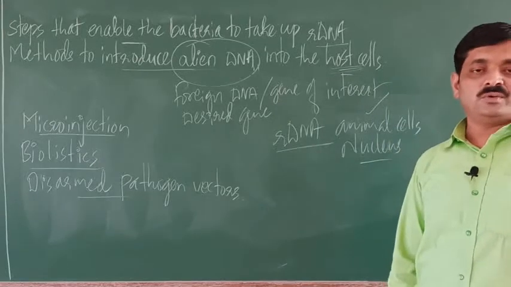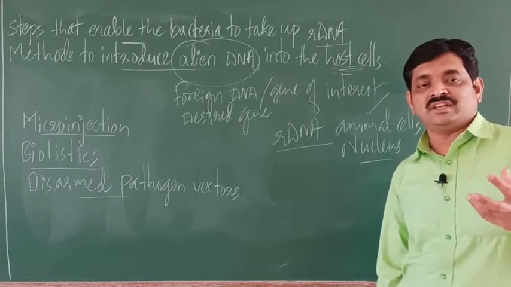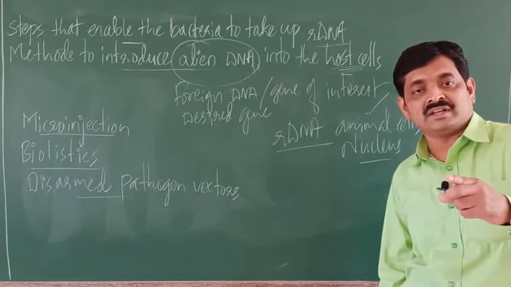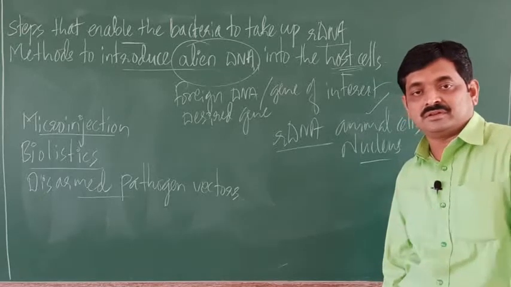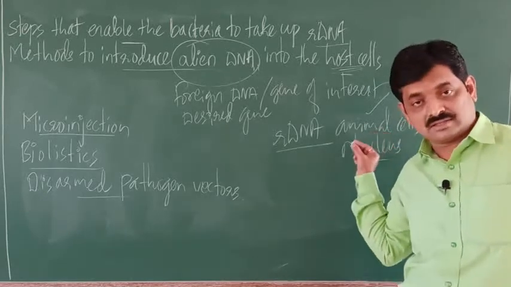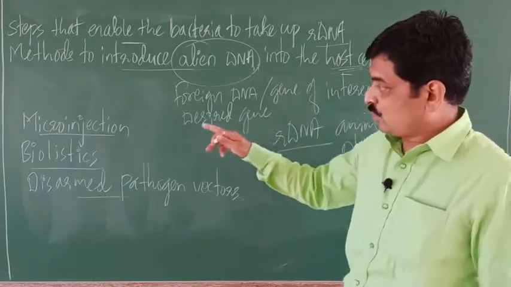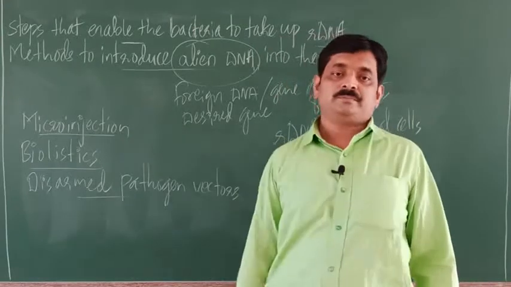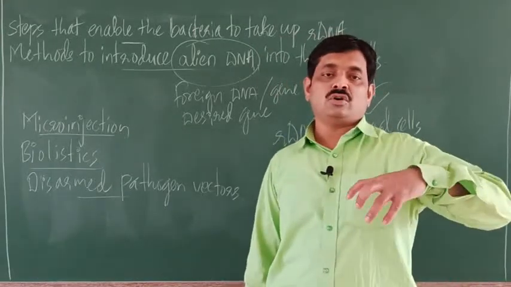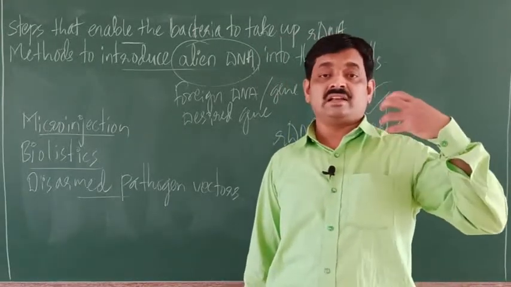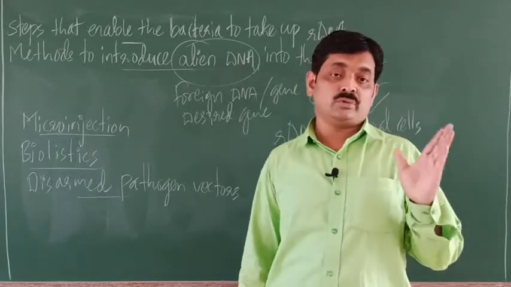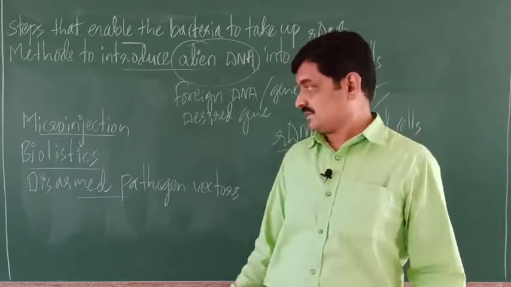This is how the desired gene, through recombinant DNA, is transferred into the nucleus of animal cells. This method is called microinjection.